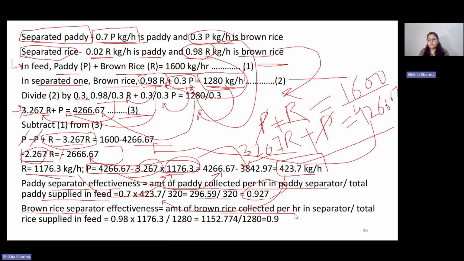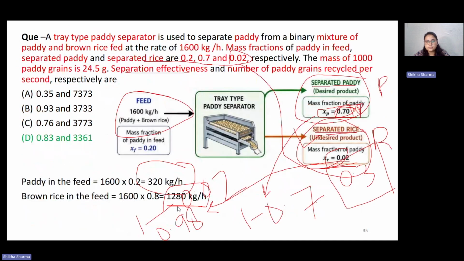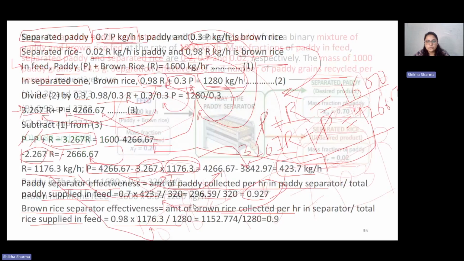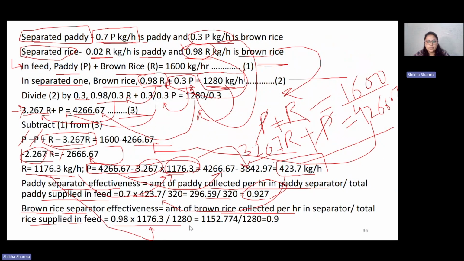So the brown rice fraction is 0.98, which we can see here, multiplied by the brown rice we calculated, 1176.3, divided by the total rice supplied, which is here 1280.